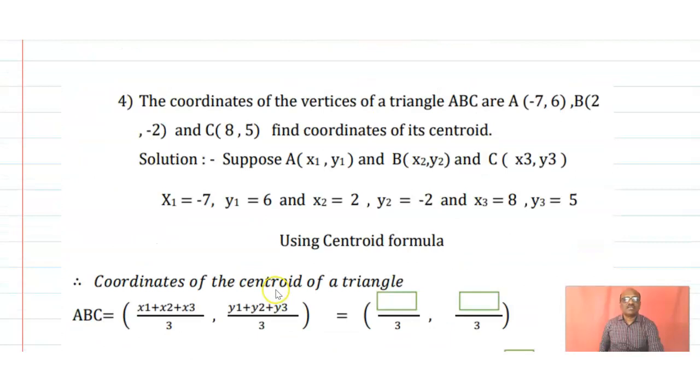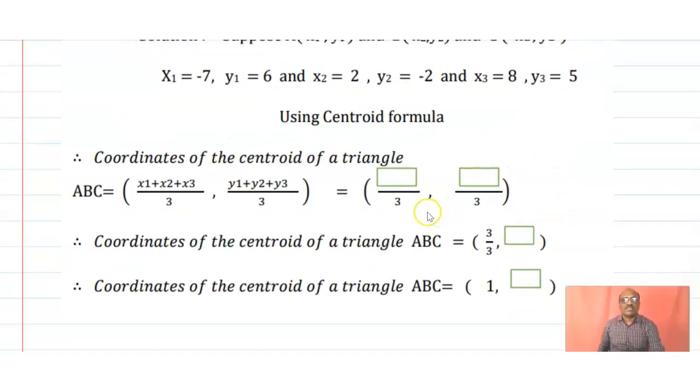Okay, easy activity. Now the fourth one, the coordinates of the vertices of triangle ABC are A (minus 6, 7), B (2, minus 2), C (8, 5). Find the coordinate of its centroid. Suppose A म्हणजे काय ते x1 y1 and B is x2 y2, C is x3 y3. x1 is minus 7, y1 is 6, x2 is 2, y2 is minus 2 and x3 is 8, y3 is 5.